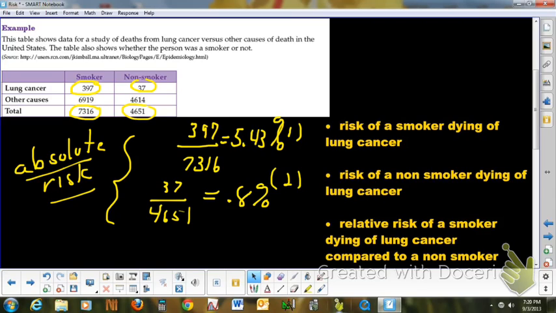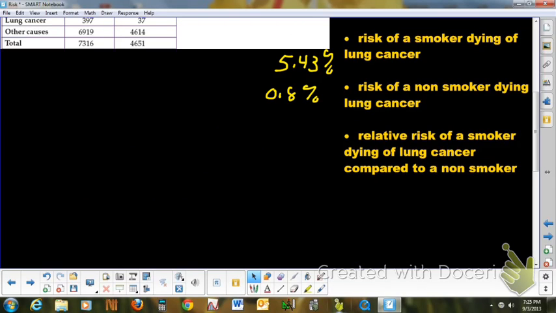Now we're going to go on to the third part of this, which is where we really want to go. We want to know what the relative risk of a smoker dying of lung cancer compared to a non-smoker is. Okay, so now that we've developed absolute risk for these two situations, we're going to take a look at relative risk. So again, relative risk is simply a ratio, and we want to find the risk of a smoker dying of lung cancer compared to a non-smoker.